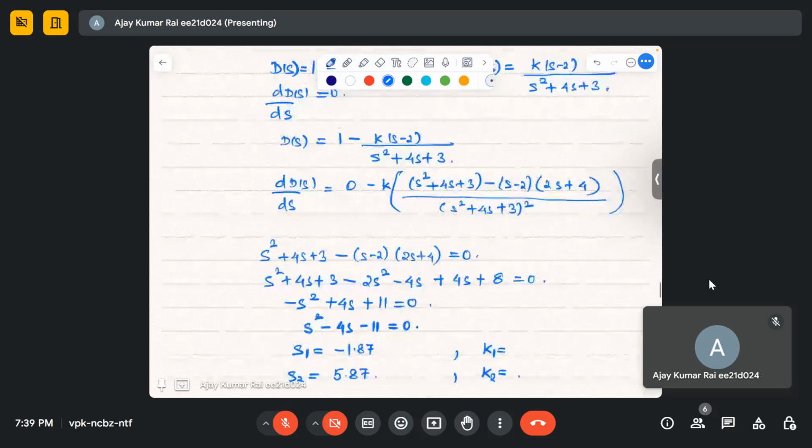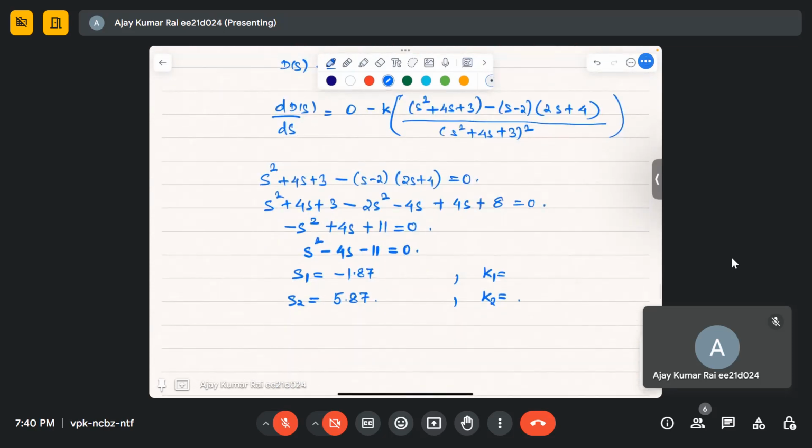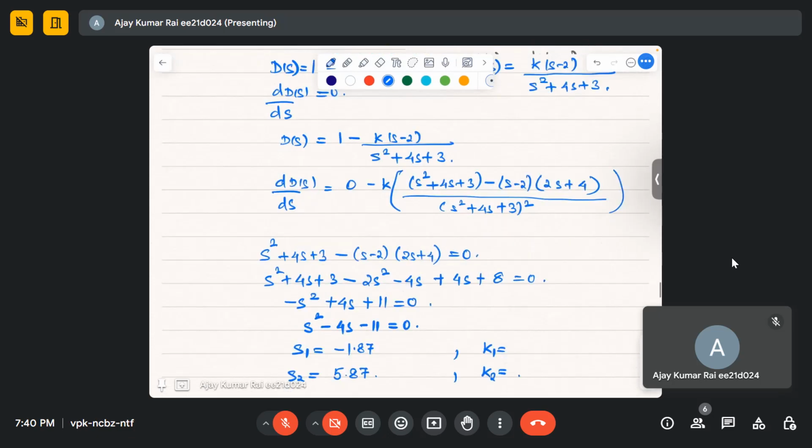So k1 and k2. Here k is greater than 0, so for both values you have to check whether k is positive or not. If it's negative, then that point is not a break-in or breakaway point. So how to check k1 and k2?